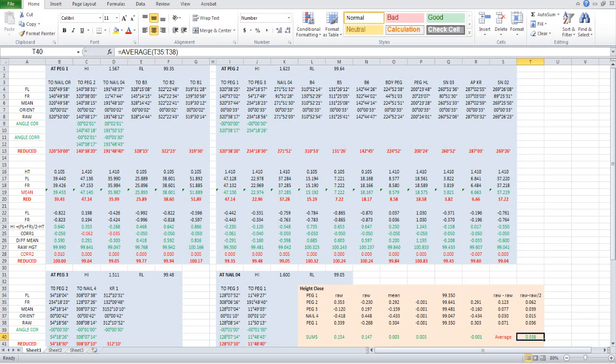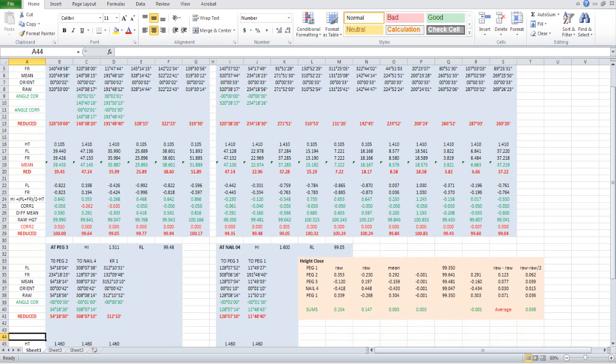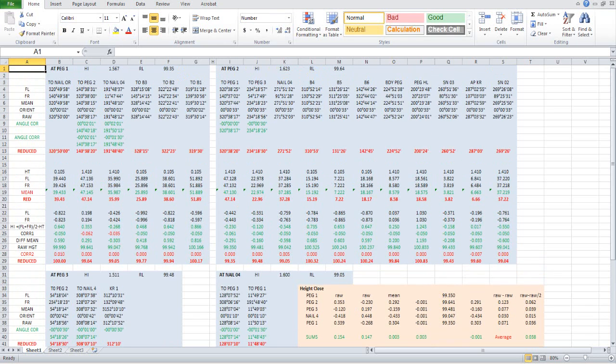Now I've also realized that some of these marks we had heighted in the leveling exercise that we did. So we had heights for some of these marks. So what I did was I came down here, particularly at peg 2, and had a look at the ones that we had the heights for, and tried to make it so that we had very little correction for those.